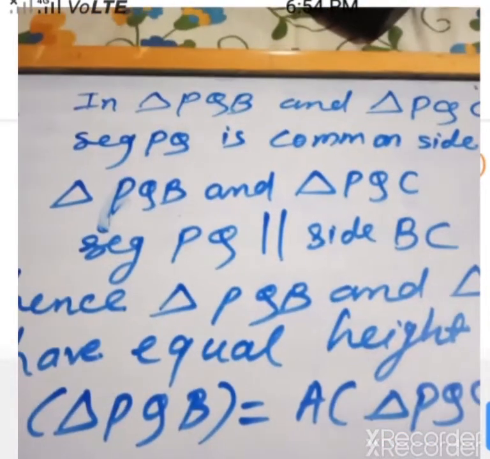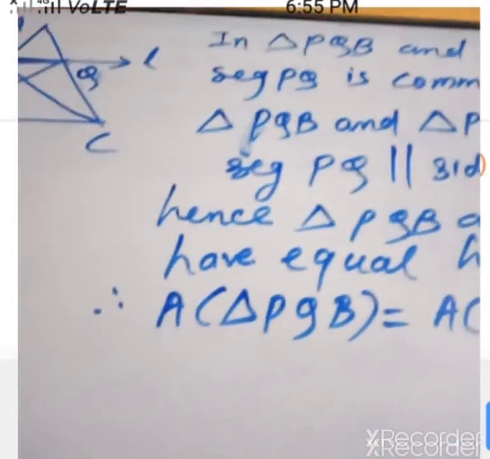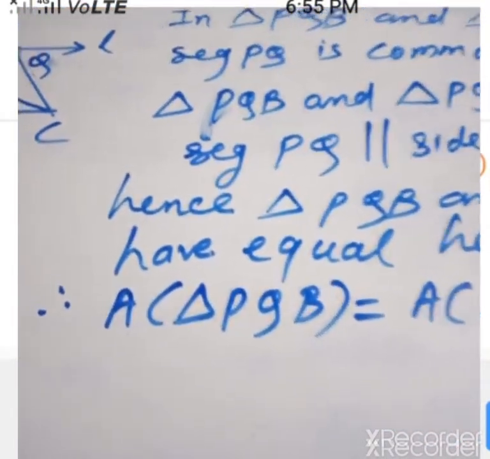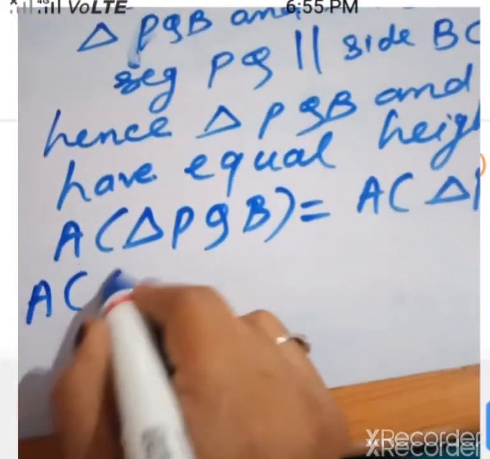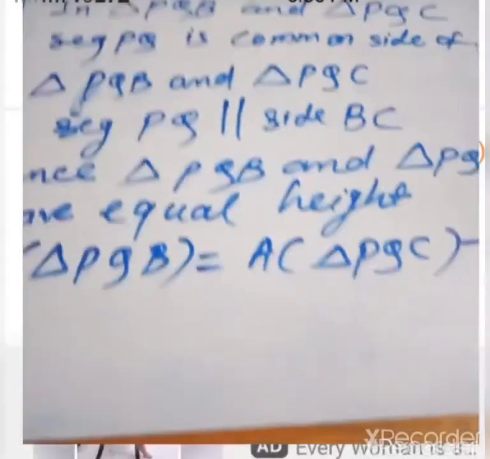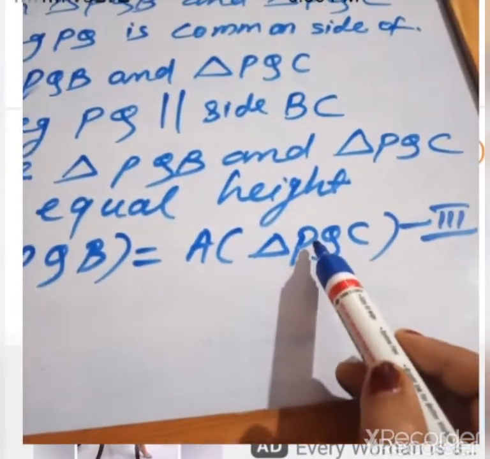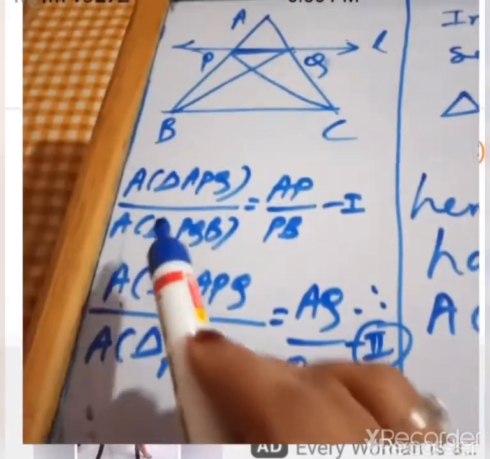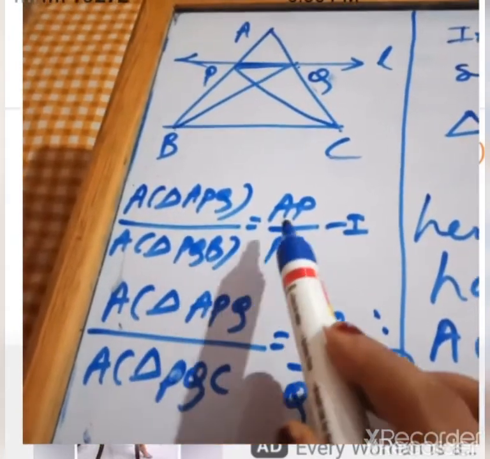Observe sentences first, second and third. See the sentence third: area of triangle PQB and area of triangle PQC are equal. In the first one, APQ upon PQB is equal to AP upon PB.